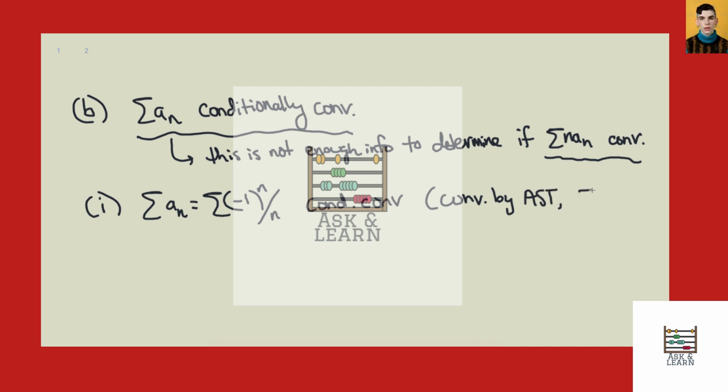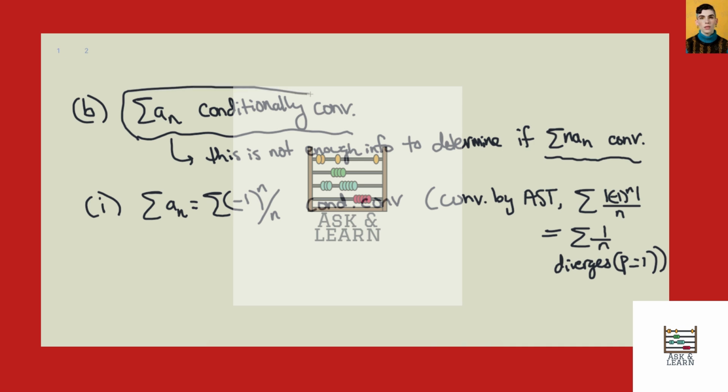But if you take the absolute value, the -1 just becomes a 1. And this diverges because you can use the p-test here, p equals 1. So that guarantees that this example we're using in part 1 is indeed conditionally convergent. We have to check that because that is the assumption in the problem.